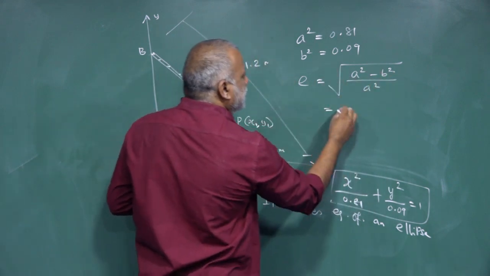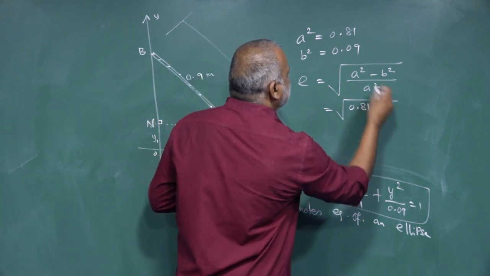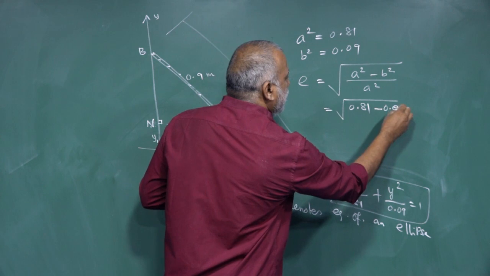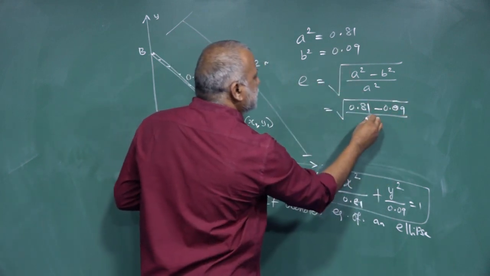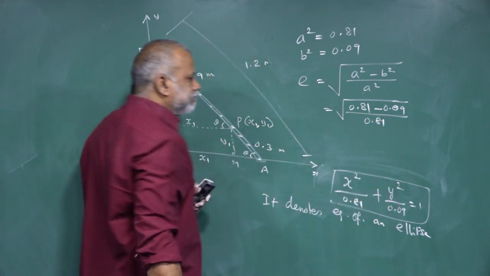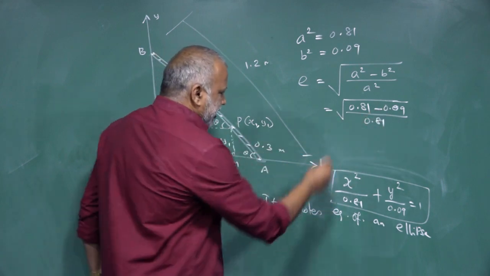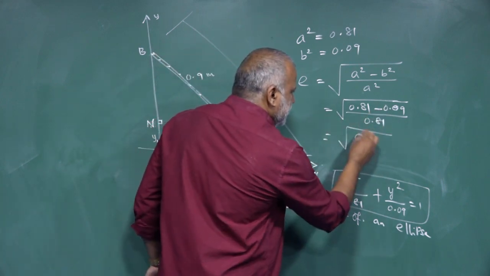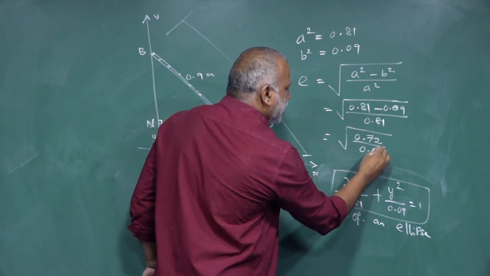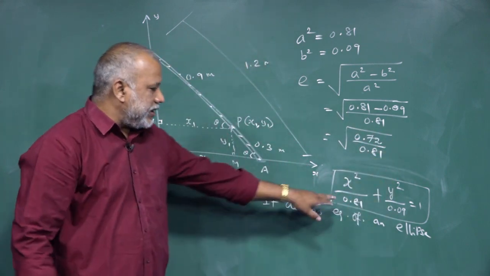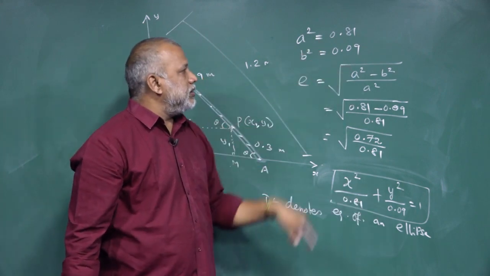So square root of 0.81 minus 0.09 divided by 0.81, which gives the square root of 0.72 divided by 0.81.